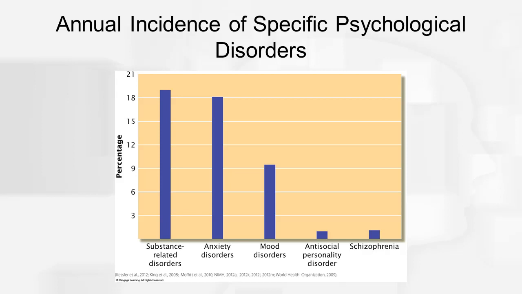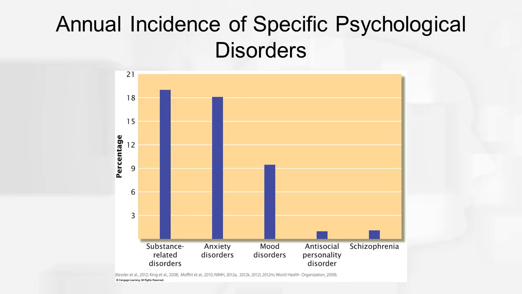All right, I want you to go ahead and take a look at this graph here. Though often we believe that mental health issues are unusual, in fact, it's actually quite common for people to struggle at various points in their lives with a mental health issue. This graphic represents the annual incidence of specific psychological disorders.